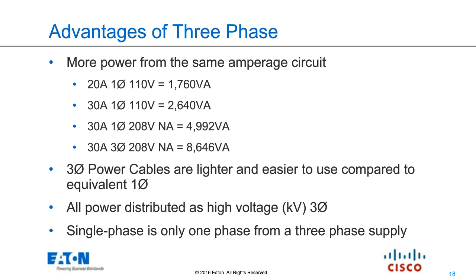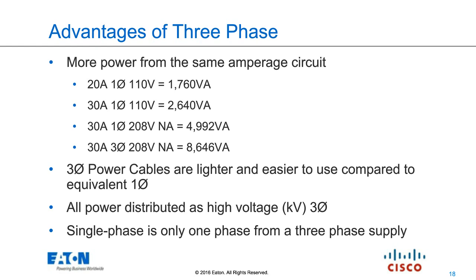With all circuits in the United States, due to electrical code, you've got an 80% derated circuit. So you have a 20 amp circuit, and the maximum amount of amps you can actually pull through that circuit is 16. Through a 30 amp circuit, the maximum would be 24 amps.